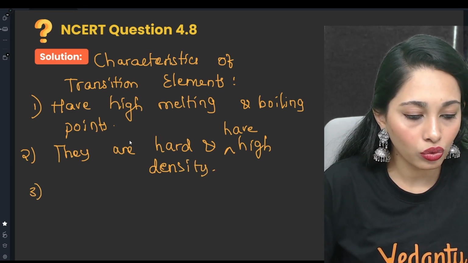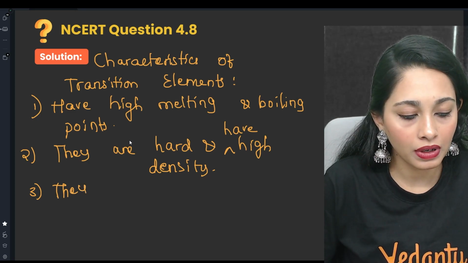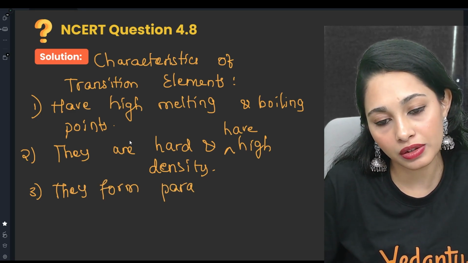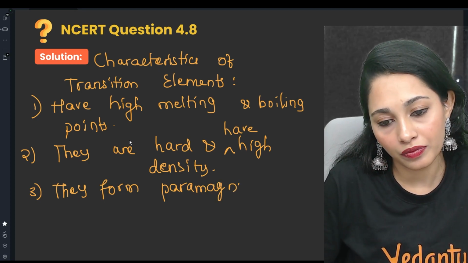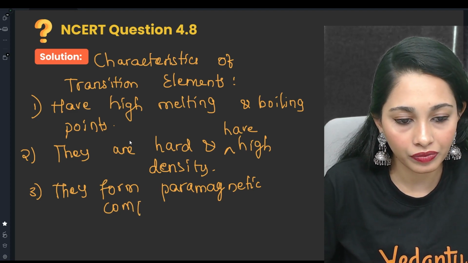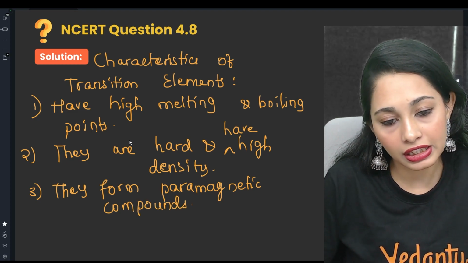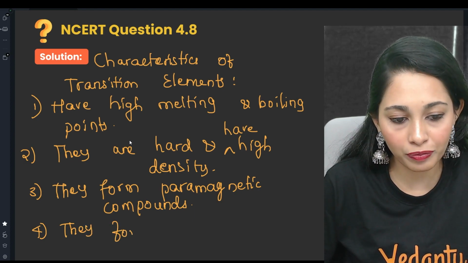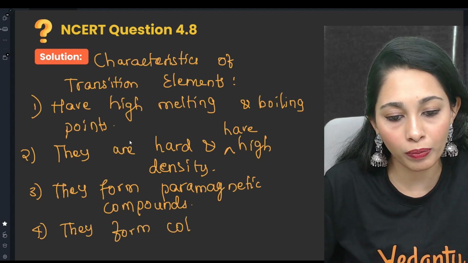And they form paramagnetic compounds, where electrons will be unpaired. And they form colored compounds. Because of paramagnetic nature, they form colored compounds.